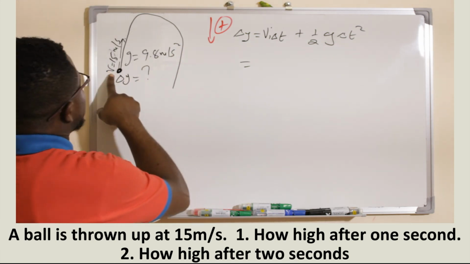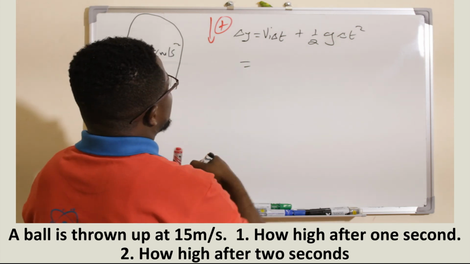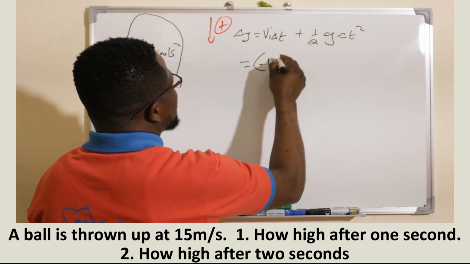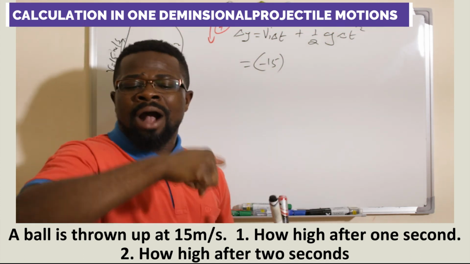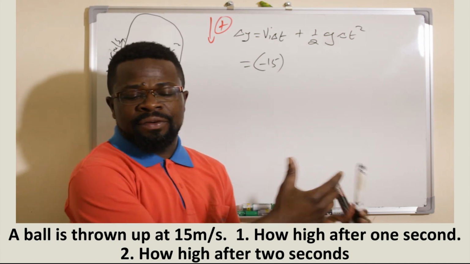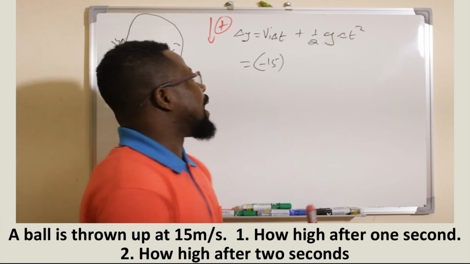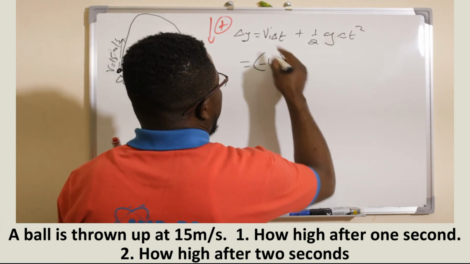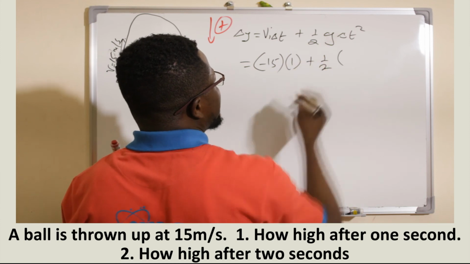The initial velocity is going up, so that should be negative. So straight away, I am going to have it as negative 15. And remember the question one, how high after 1 second. So our time that is given to us in this situation is 1 second. So I want that time, which is 1 second, plus half, and then the G.